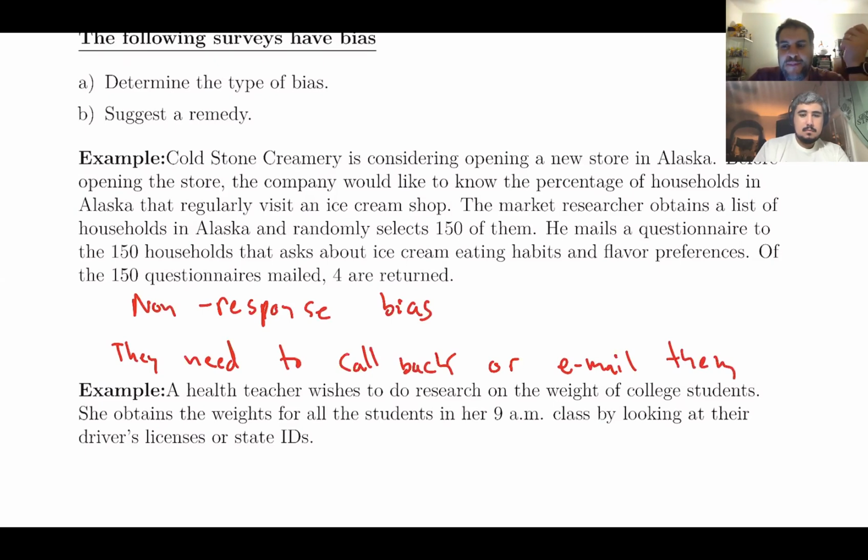So they need to call them back or send them email, because they can't really just rely on 4 questionnaires, especially if they wanted to get 150 of them. Like 4, that's not even a percent of that. So they need to call them back or email them or try to find a better way to actually reach out to the 150 households. So they might want to go door to door.